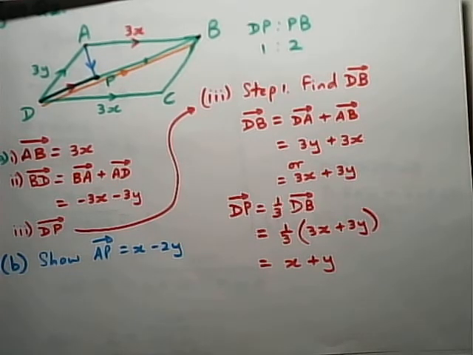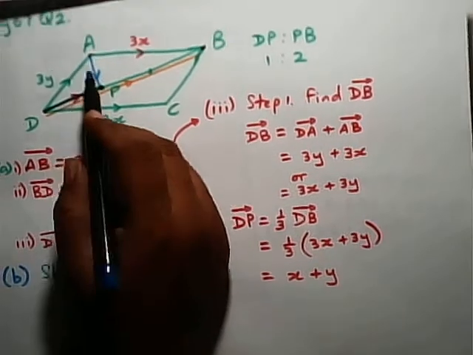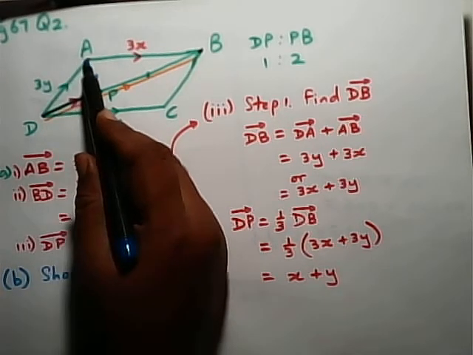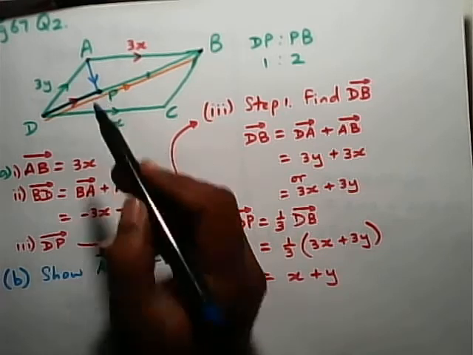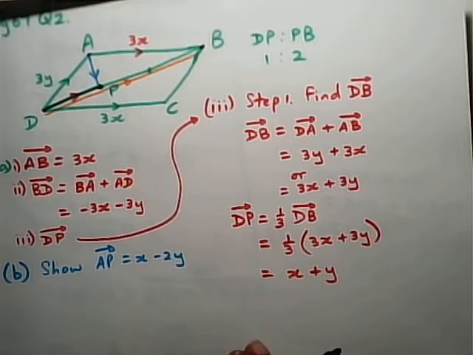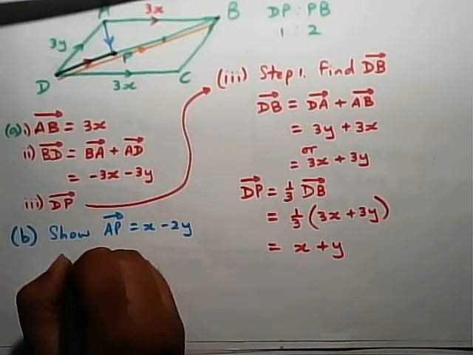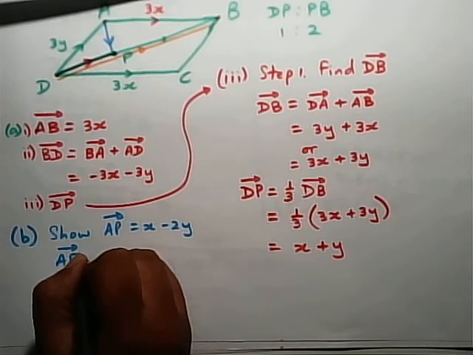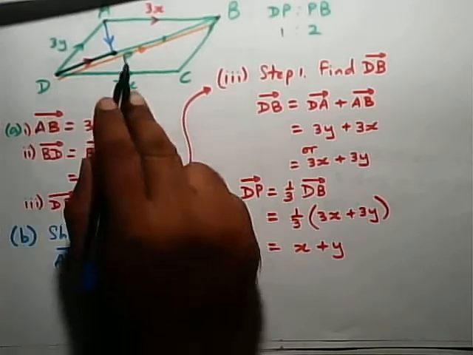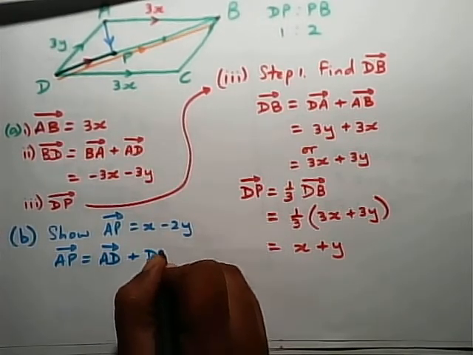So remember, if you want to find out AP, one of the things you can do is you travel through lines that already have common letter names. We have a name for this line here, and we have a name for DP already, which we just did. So let's try that. We could travel from A to P by going from A to D first and then taking D to P.